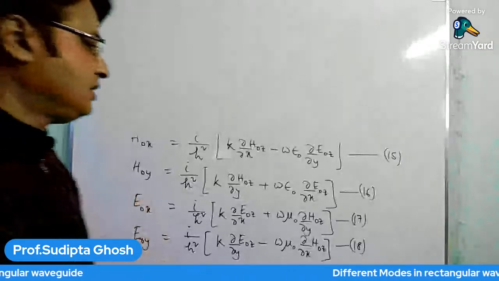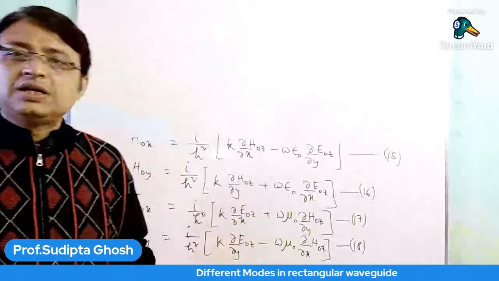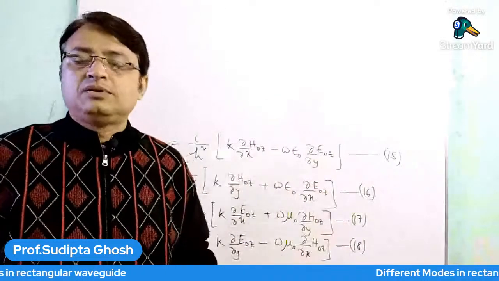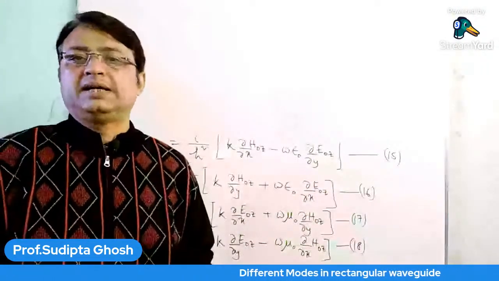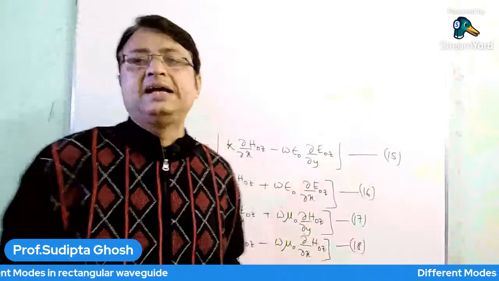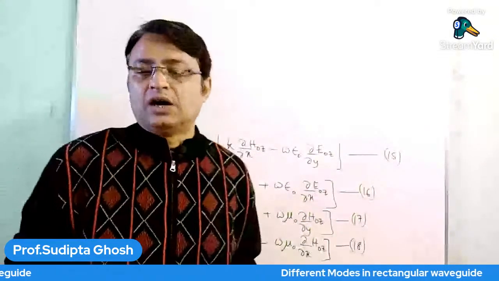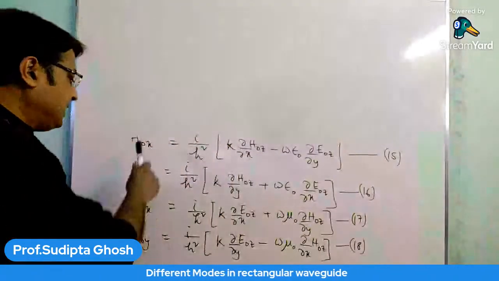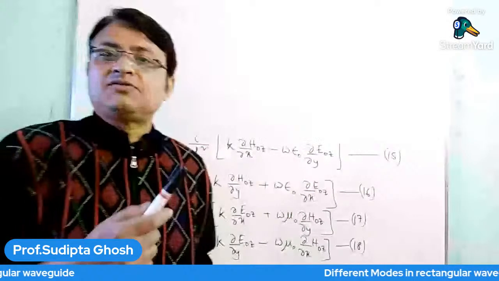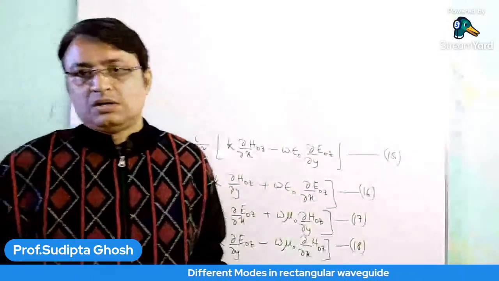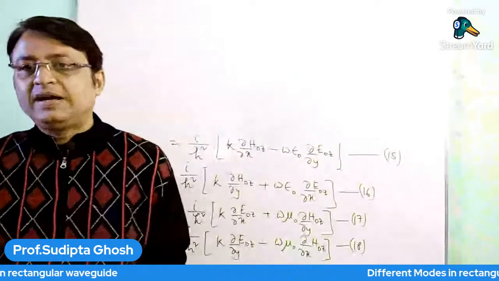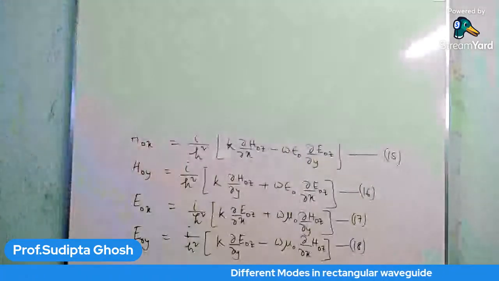If we have the values of EOZ and HOZ, we can easily find out the transverse components, that is HOX, HOY, as well as EOX, EOY, because these transverse components can be found by only determining the longitudinal components of the electric and the magnetic field inside the waveguide.